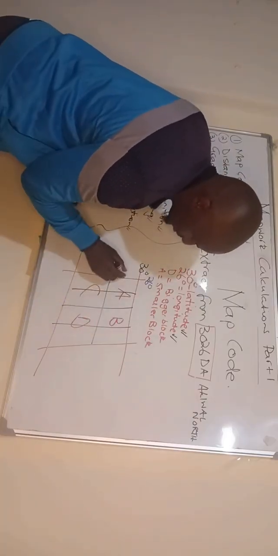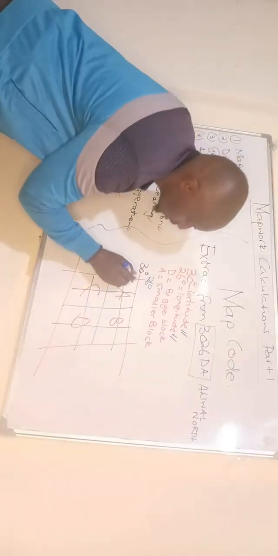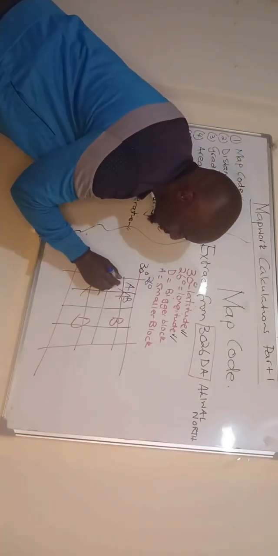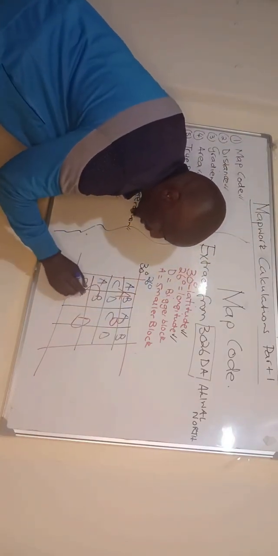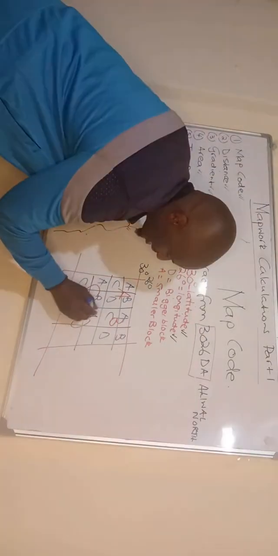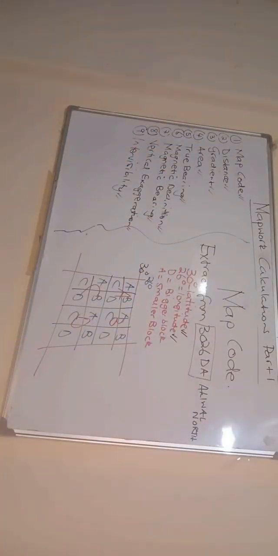Our A has got A, B, C, and D. Our B has got A, B, C, and D. Our C has got A, B, C, and D. Our D has got A, B, C, and D. So we have further divided our bigger block into 4 smaller blocks.